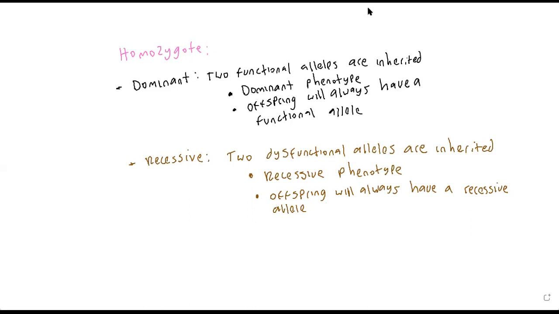All right, now next is going to be the heterozygote. And if you remember, the heterozygote has two different alleles. And in dominant and recessive inheritance, the heterozygote always, very important, always has the dominant phenotype.